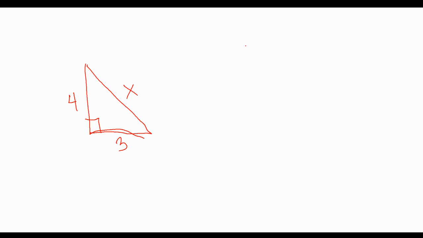So Pythagorean theorem tells me that if I have sides or legs A and B, the hypotenuse is always C. It says that A squared plus B squared equals C squared. Now, A and B can be either leg, it doesn't matter.